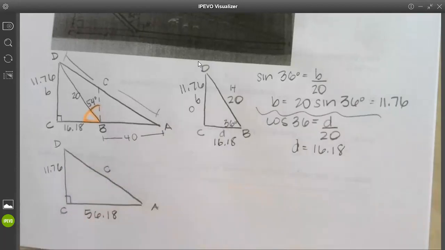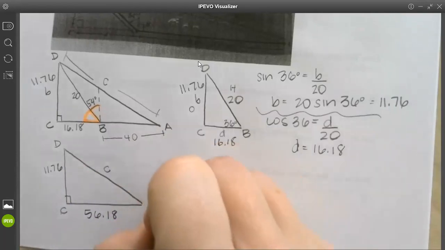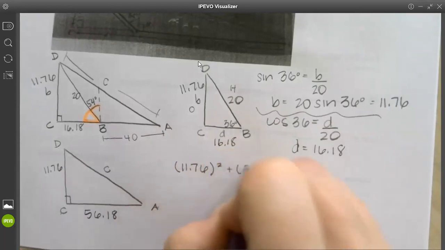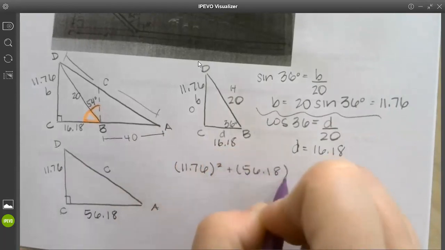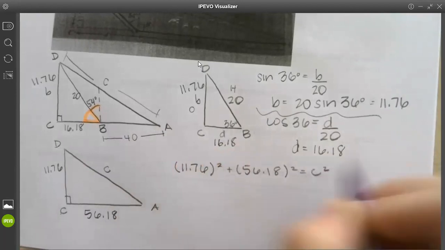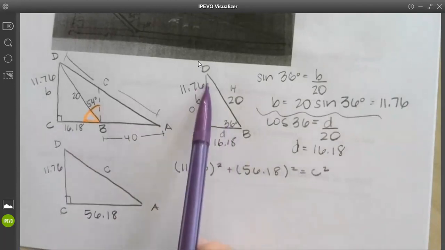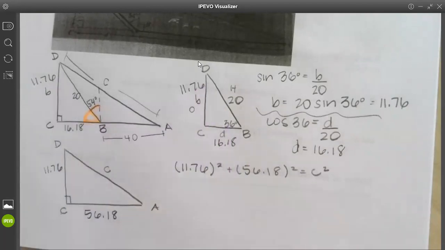It would be the opposite. Does that make sense? So Pythagorean theorem is the best thing to do because I don't have the angles. I could find them. I'm too lazy to. It's too many trig functions.